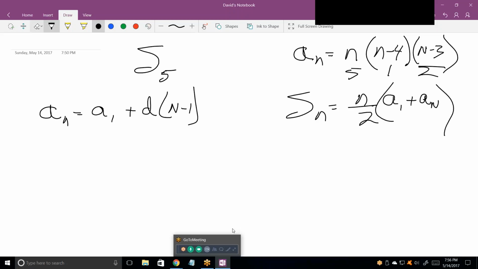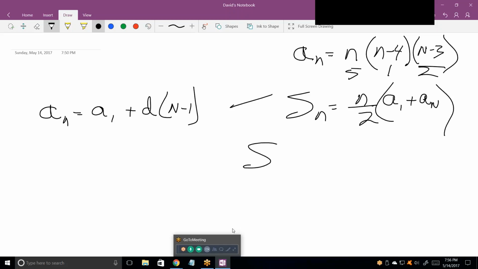In other words, this is usually where they start you out when they start teaching you about sequences and series. This is an arithmetic series. The difference is the difference between each term in the sequence. I'm trying to figure out how we're going to figure out what that is based on this. I guess I could try plugging it in.